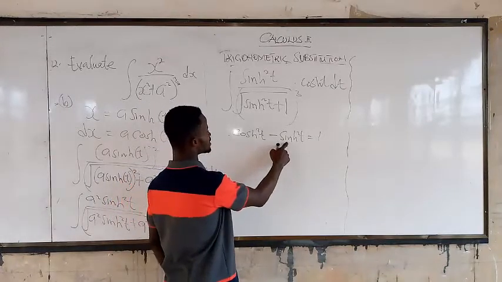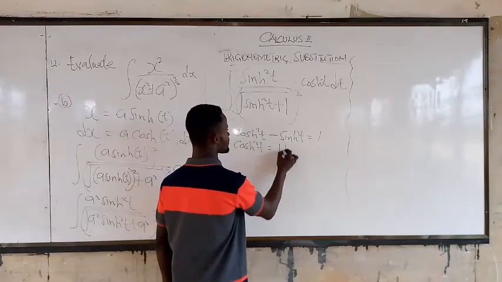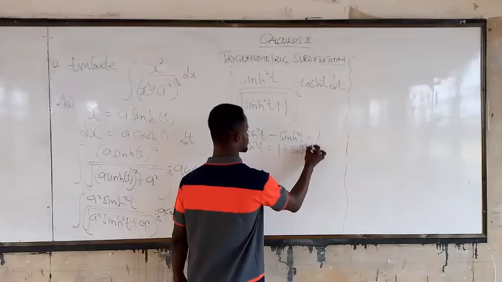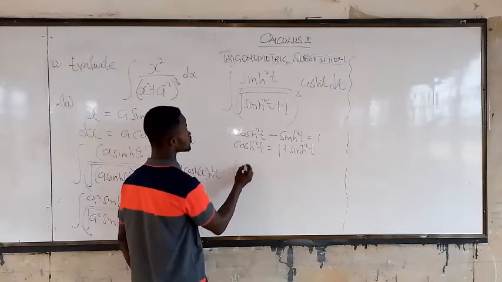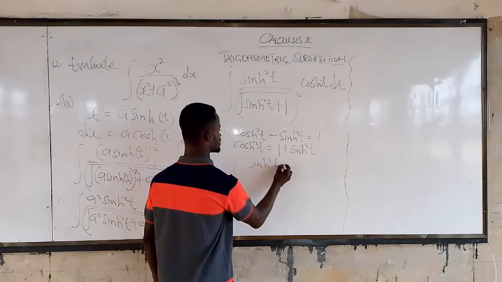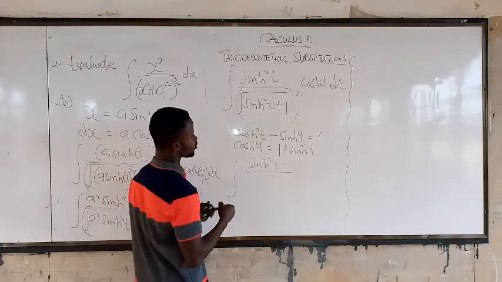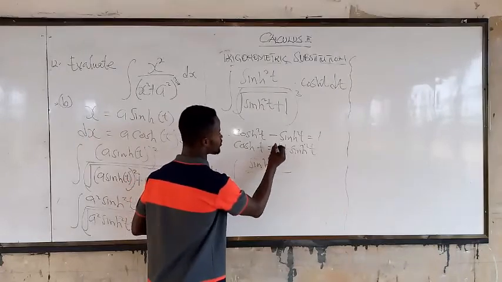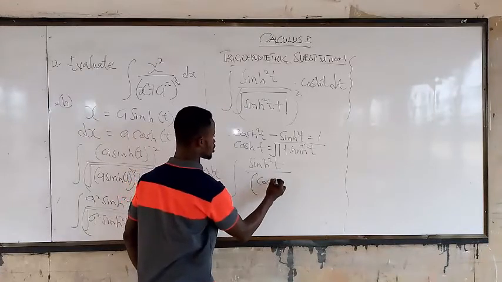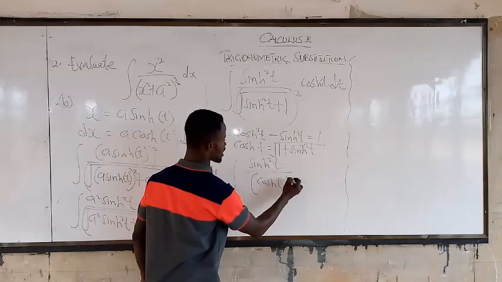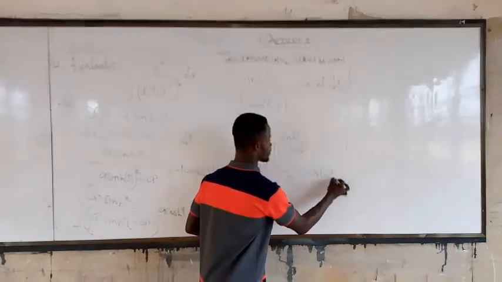So to make this a subject, we get cosh squared t is equal to 1 plus sinh squared t. That is why we have that here. Now, when we take the square root of both sides, we get this. So the whole of this is equal to cosh t to the power 3, and that is multiplying by cosh t dt.